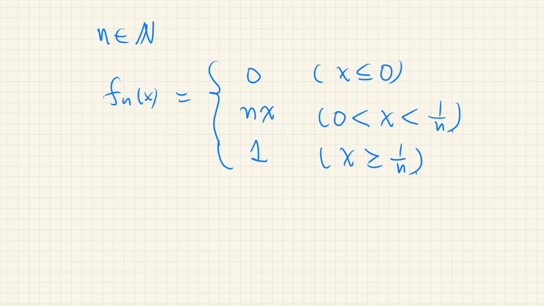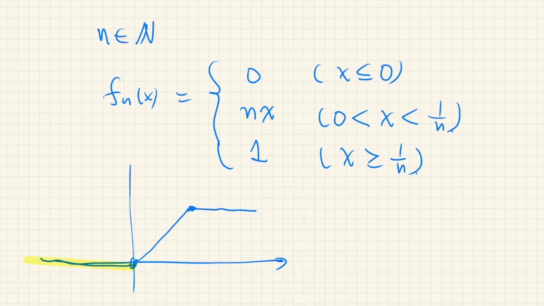And this function looks like this. If n is equal to 1, then it is 0 on the negative side up to x equal to 0, and it increases linearly to 1, then stays 1. So that's 1 and that's 1.